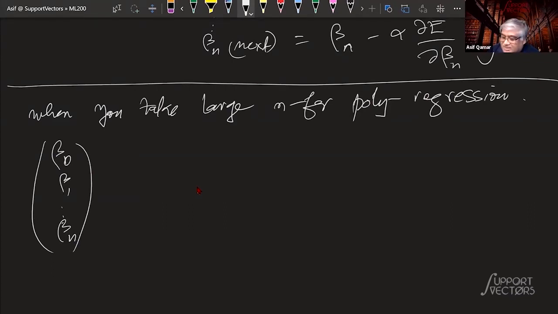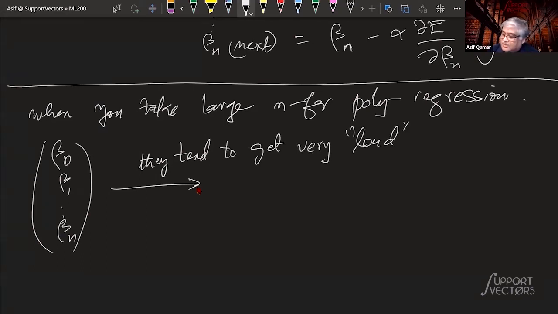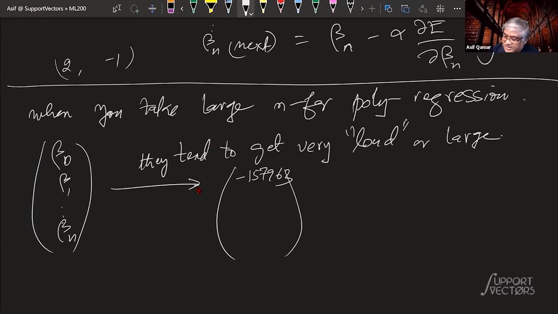What you observe is they tend to get very large, right? So what will suddenly happen is your good values of beta naught will be, let's say, 2, minus 1 or something like that. But these values will suddenly start looking like minus 1, 5, 7, 9, 6, 3, right?